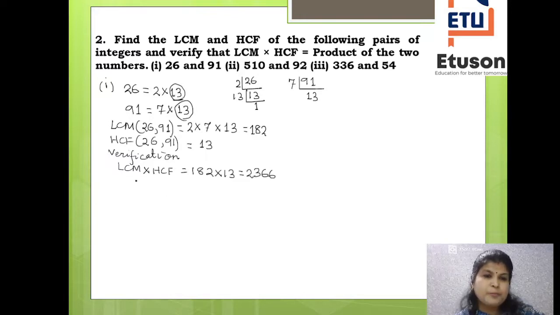Now the other part, the right hand side, is the product of the two numbers. The numbers are 26 into 91, and the answer is 2366.